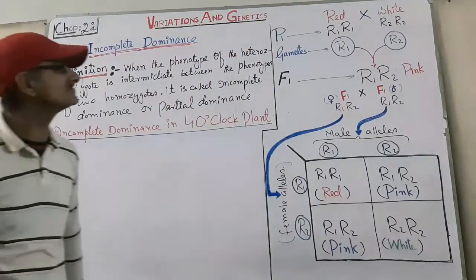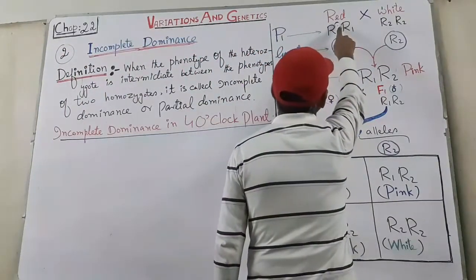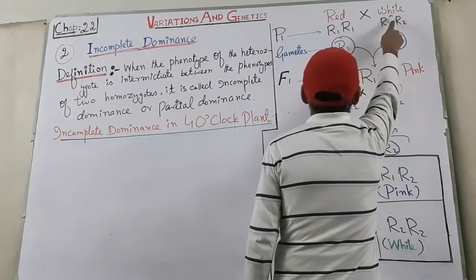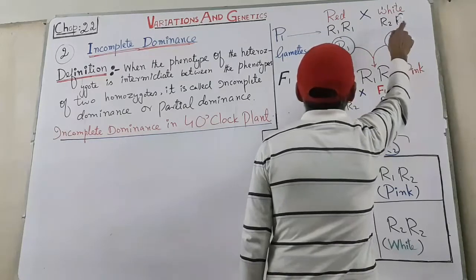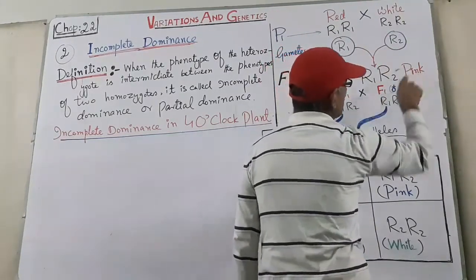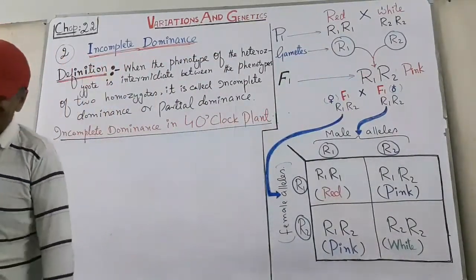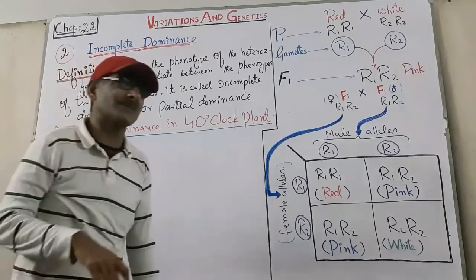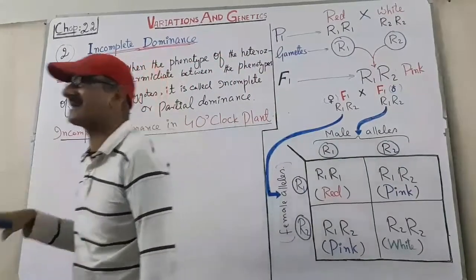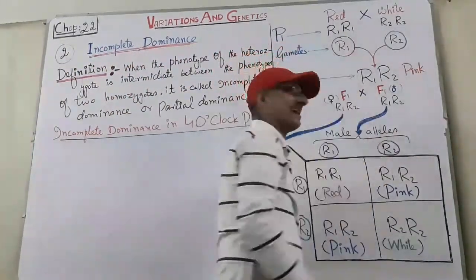In the parents, the red flowered plants are homozygous red, and the white flowered plants are also homozygous white. When he crossed them, he got all plants which were pink flowered. The color in its petals is intermediate between the red and white.